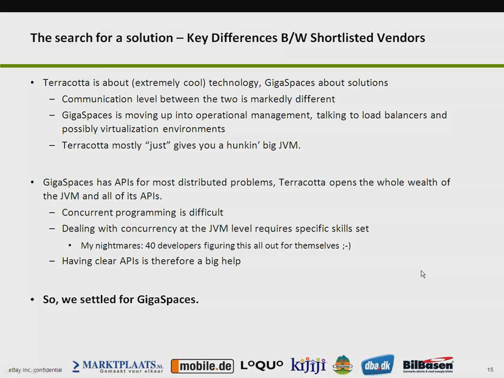So the reason for GigaSpaces for us was that GigaSpaces was talking about providing solutions instead of technologies, and I'd rather pay for solutions, because technologies, at the end of the day, you can get pretty much anywhere. And GigaSpaces provided a clear API and clear rules, like, okay, if you got that sort of problem, you need to do that, and if you got that sort of problem, you need to do that, which really helps guide our developers.